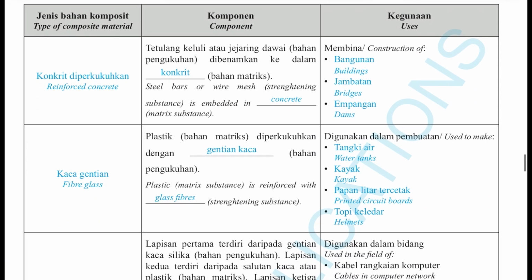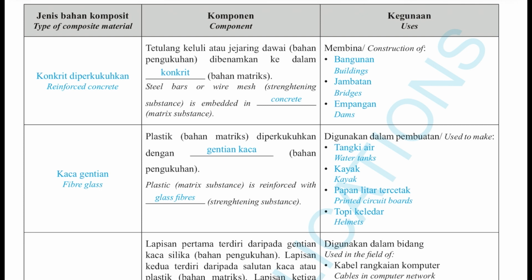Type of composite material. Reinforced concrete. Component, steel bars or wire mesh strengthening substance is embedded in concrete matrix substance. Uses to construct buildings, bridges and dams.